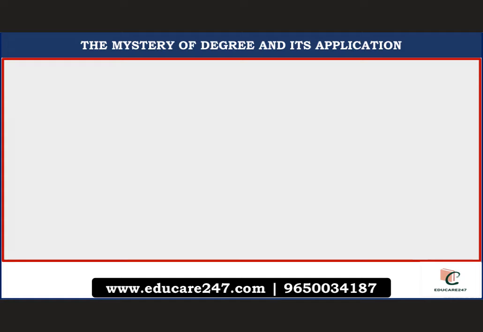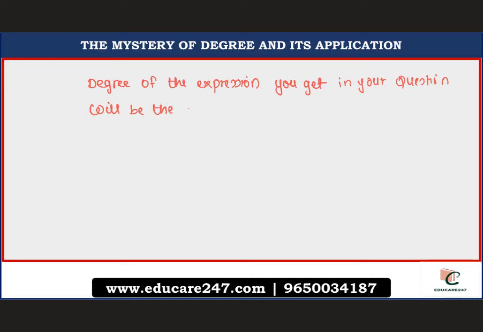Now that we know how to calculate the degree of a polynomial, or a homogeneous expression, whatever degree of the expression you get in your question will be the same degree of the answer option as well.